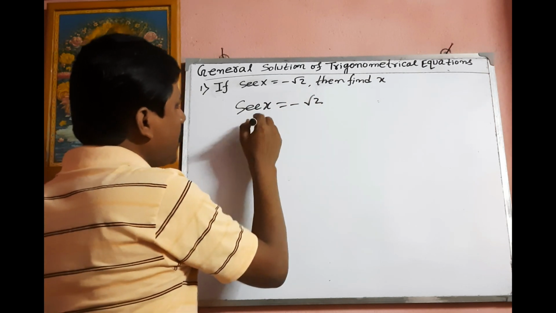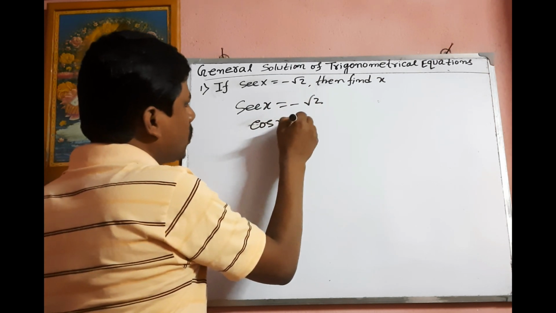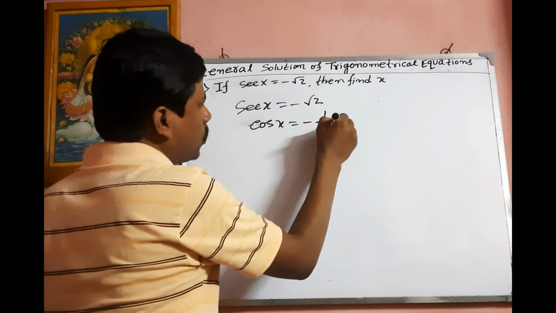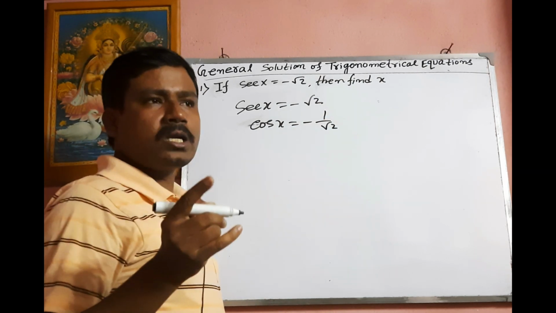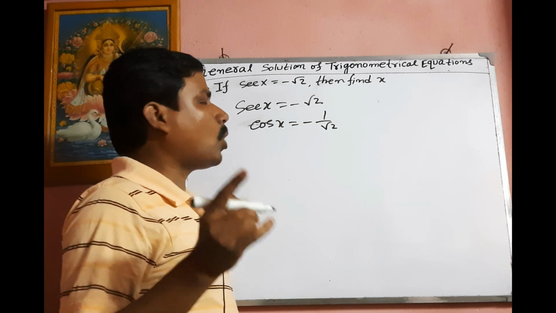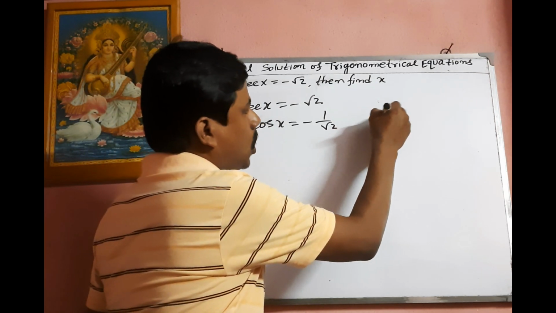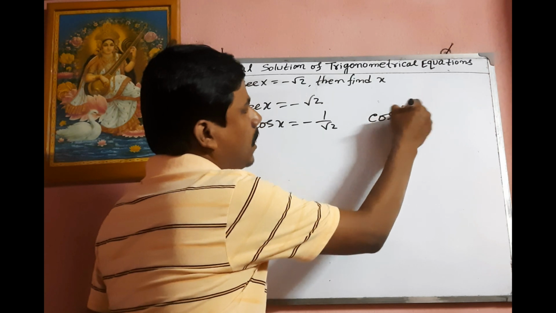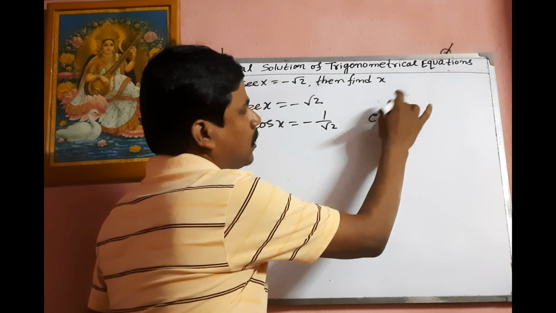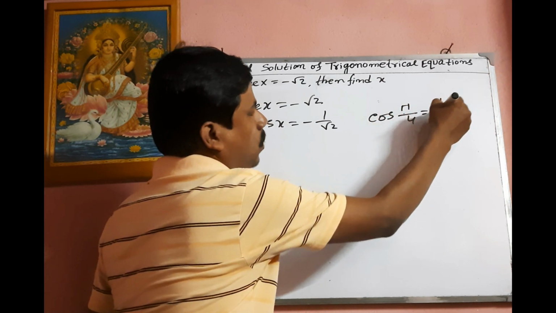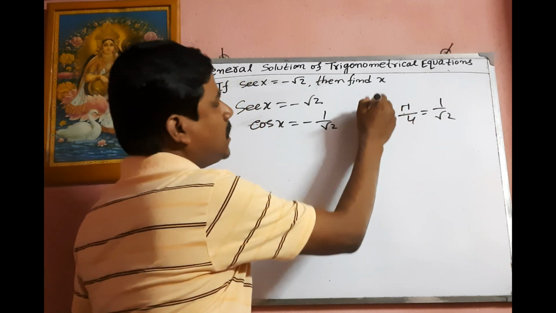That is, cos of x is equal to minus 1 by root 2. And we know that the value of cos of pi by 4 is 1 by root 2.